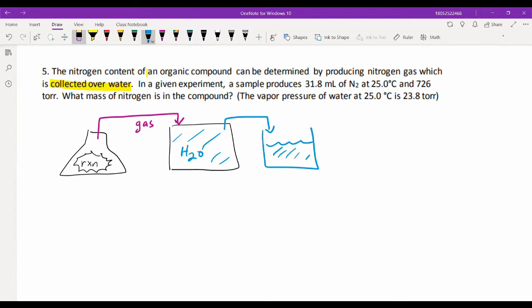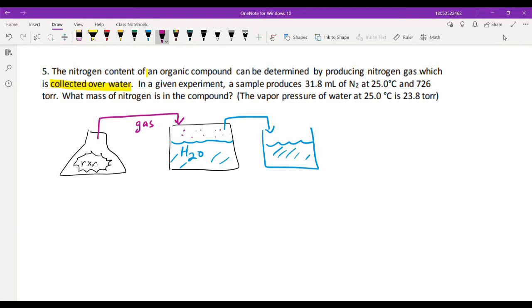And so the amount of water that has been displaced is equal to the volume of gas that's produced, right? This is just displacement of water.